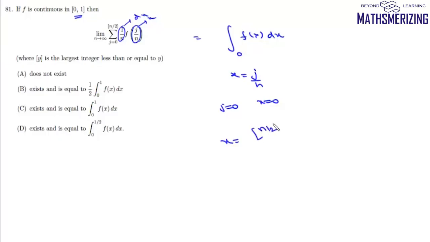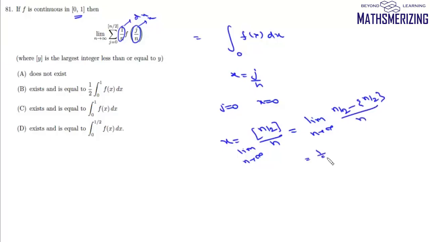Its upper limit will be x equals the greatest integer function of n by 2, upon n, when n tends to infinite. Now we know that the greatest integer function of x is x minus the fractional part of x. So it will be the limit as n tends to infinite of (n by 2 minus the fractional part of n by 2) upon n.